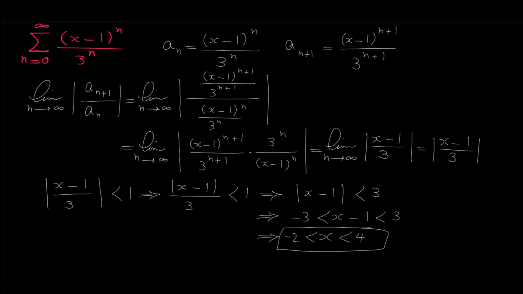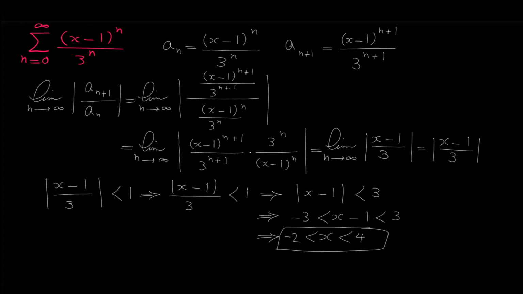So the series is convergent for all values of x that are between negative 2 and 4. And this is the interval of convergence of this series. Note that when we are finding the interval of convergence for a power series based on the ratio test, we have to test the endpoints of the interval.